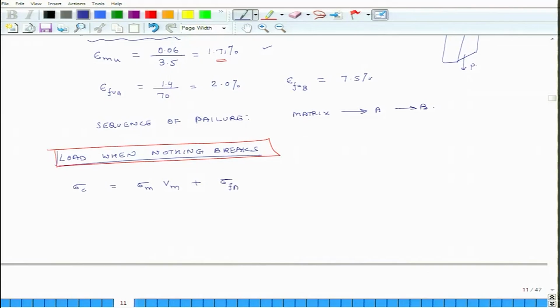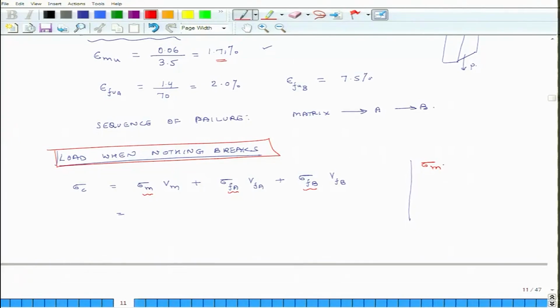Sigma F, stress in fiber A, times V fiber A, volume fraction of fiber A, plus stress in fiber B times volume fraction of fiber B. We know the volume fraction of each of these fibers, but we do not know stress in each of these components. So, we can calculate that.